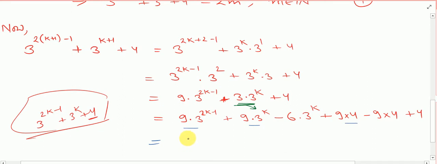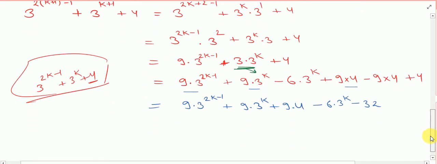So I will get 9 times 3 to the power 2k minus 1 plus 9 times 3 to the power k plus 9 times 4, and here we will get minus 6 into 3 to the power k, and here you will get 36 minus 36 minus 36 plus 4, so you will get minus 32, okay.